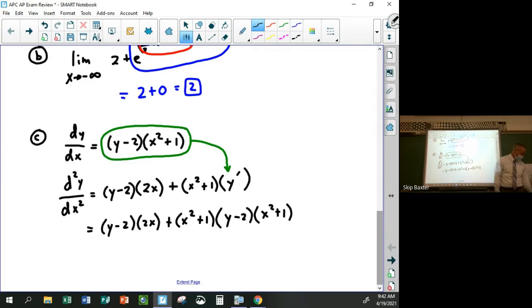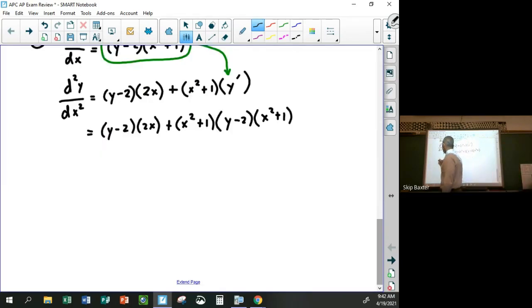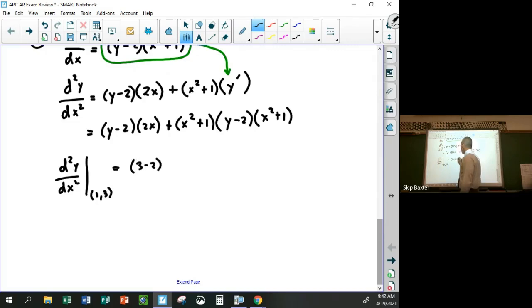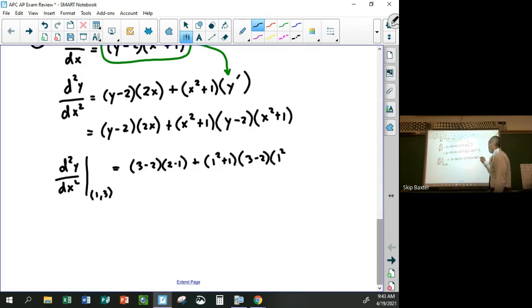Now you just have to evaluate this at the point 1, 3. So the notation, remember, is d squared y over dx squared at the point 1, 3. That's the notation for that. Equals 3 minus 2 times 2 times 1 plus 1 squared plus 1 times 3 minus 2 times 1 squared plus 1.